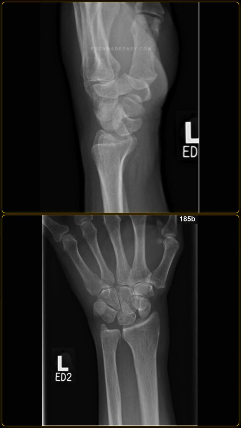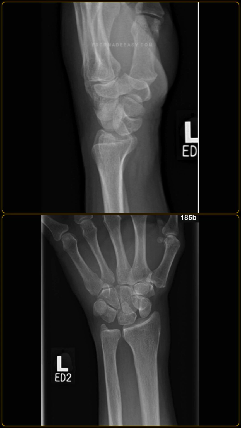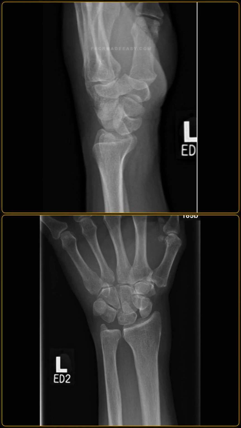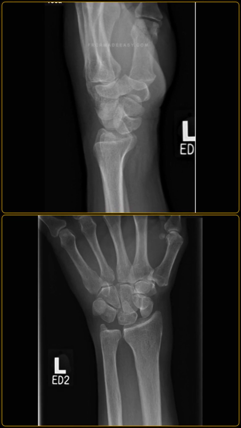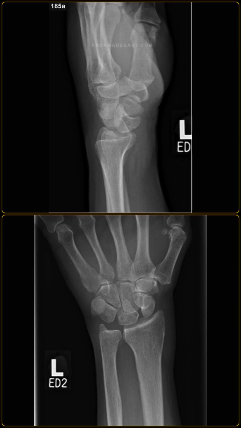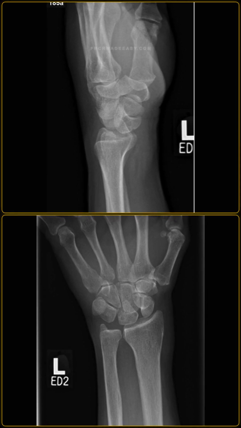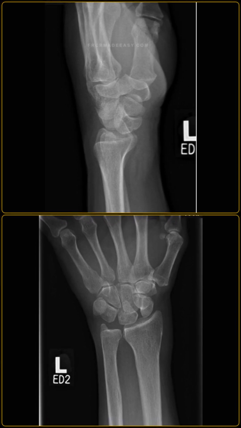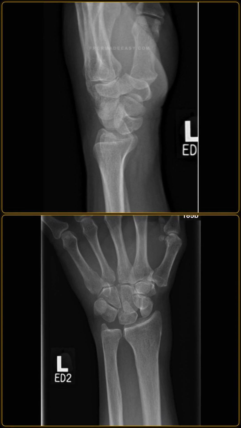What are the key radiographic signs on the PA and lateral views that help identify a lunate dislocation, and what else should we look for? Well, on the PA view, rotation of the lunate causes it to lose its normal trapezoidal shape and appear as a triangle, which is the piece of pie sign. There is also disruption of Gilula's carpal arcs.